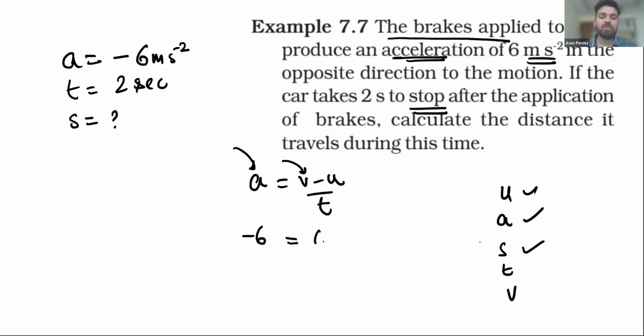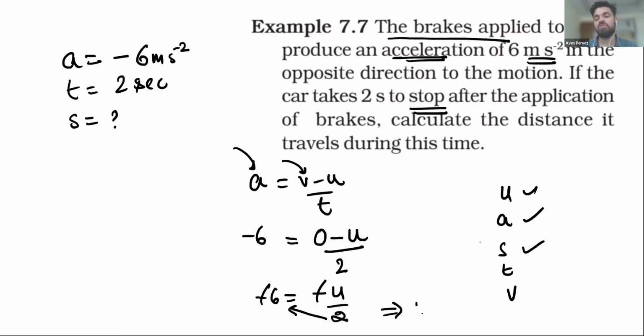So when you stop, your final velocity will become 0, and T is given to you, that is 2 seconds. Okay, got it? This will be 0 minus U upon 2 is equal to minus 6. You can cancel minus with minus, and this 2 will go to this side. Here, when you multiply with this 6, you will get U is equal to 12. You understood?